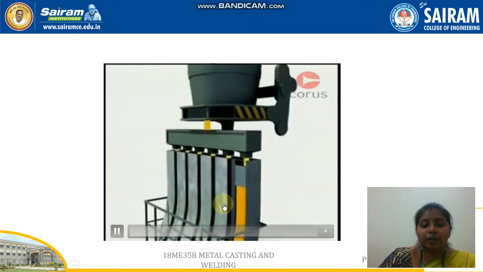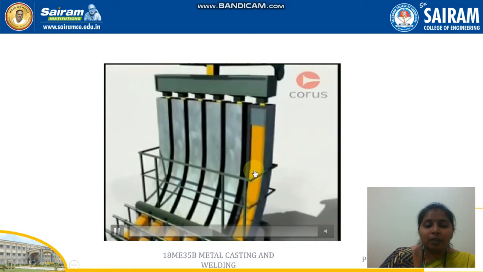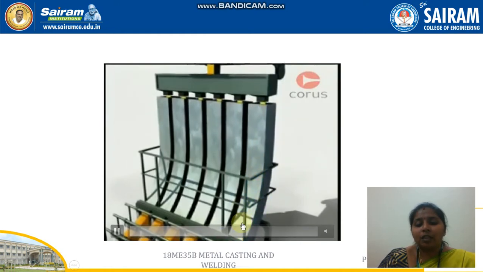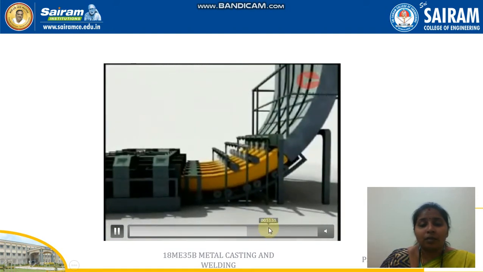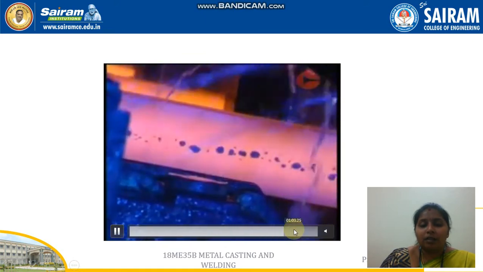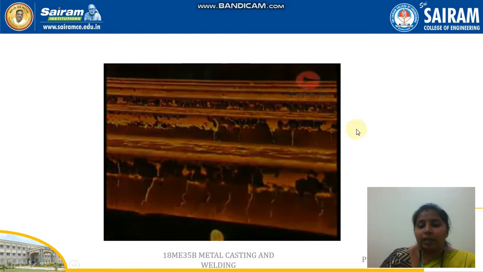This is a steel production unit. Here the molten metal is continuously poured, solidification takes place immediately and the component is also taken out. So continuously the process is going on. This is how the continuous casting process takes place.